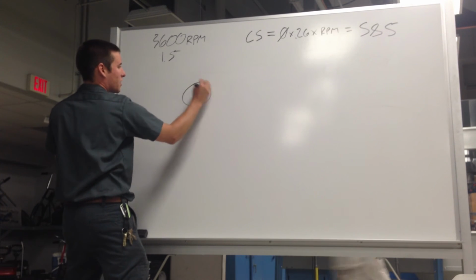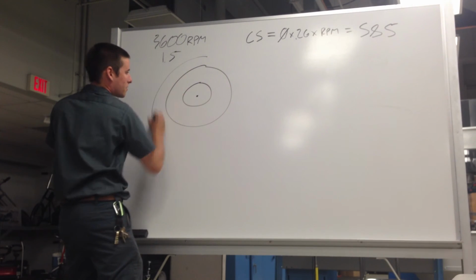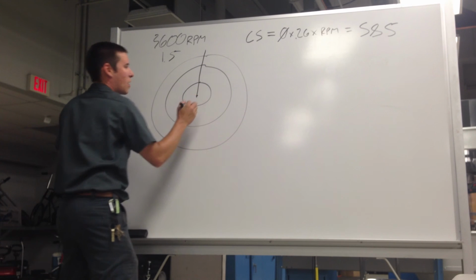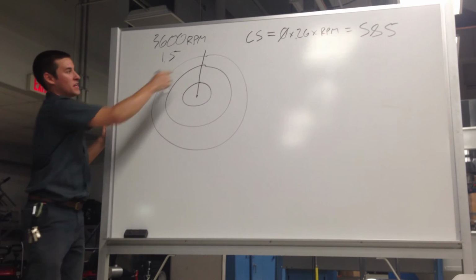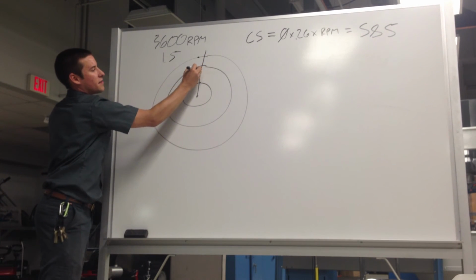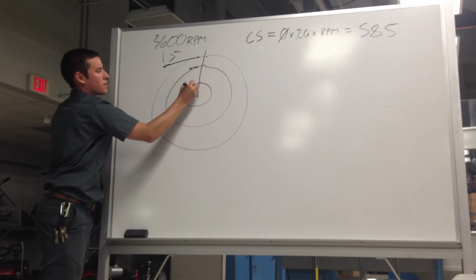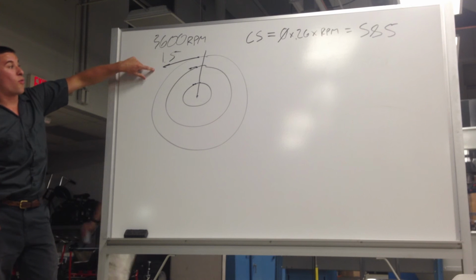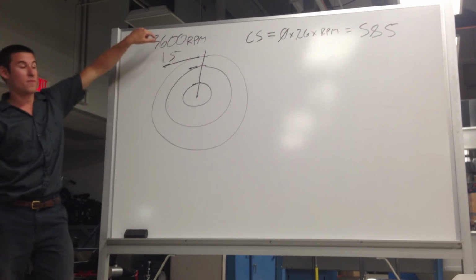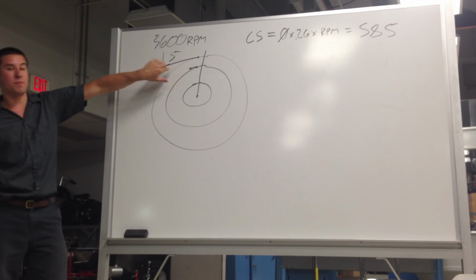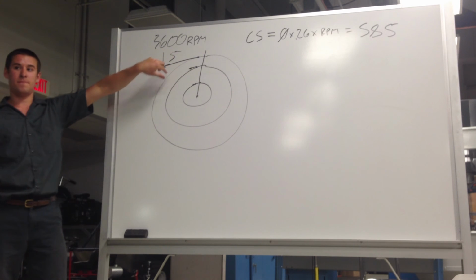Like if I got this circle here, and I want to pass this line, this dot, that dot's going to be going way faster. It's going to take the same amount of time to get around, so it must be going faster, right?